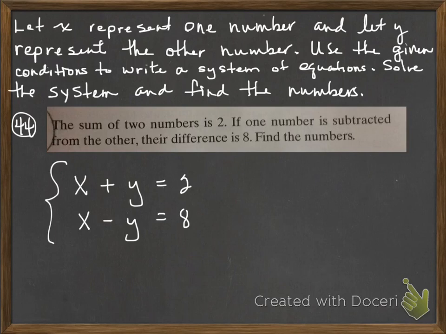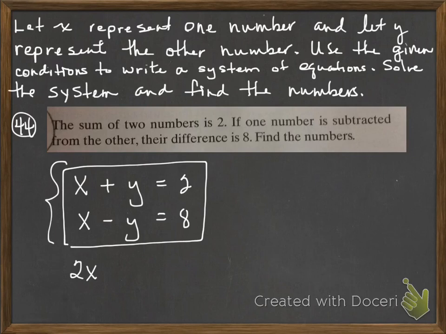This system is actually set up for the addition method because the x's and the y's are all on the same side. And we're lucky enough that the positive y and the negative y already cancel out. So we're just going to add these up. x plus x is 2x. Positive y and negative y cancel. 2 plus 8 is 10.